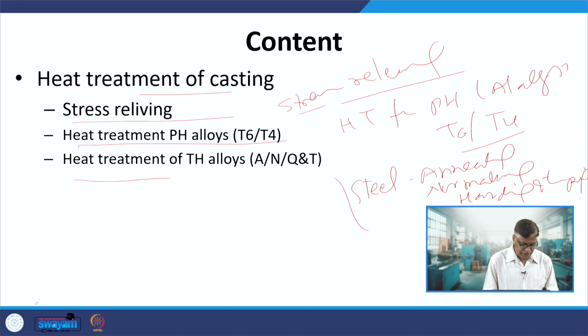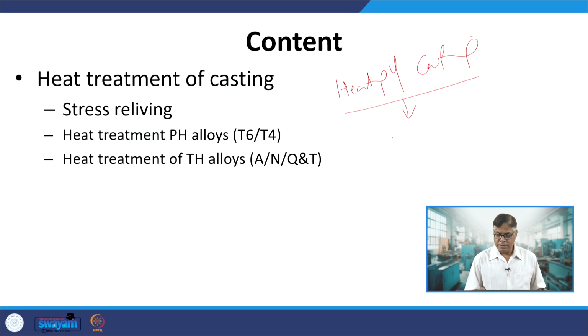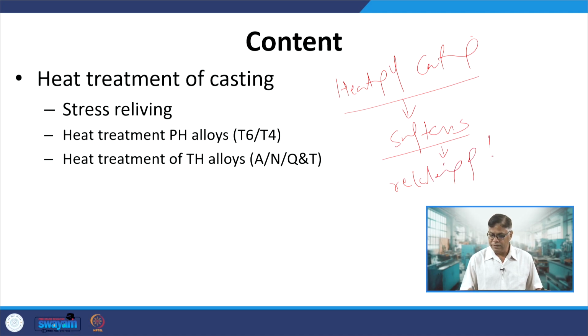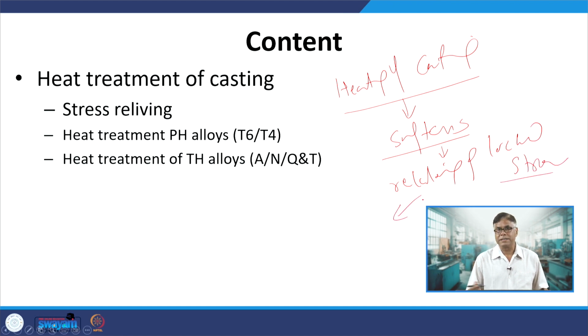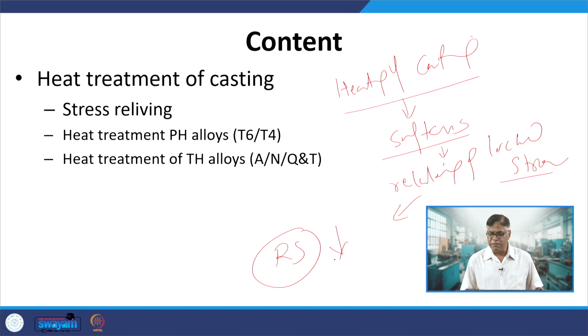The main purpose of the heat treatment: when heating of the casting is done, it softens the metal. Softening of the metal leads to relaxation of the locked-in strain, and once the locked-in strain in the casting is relieved, the residual stresses are relieved or minimized.